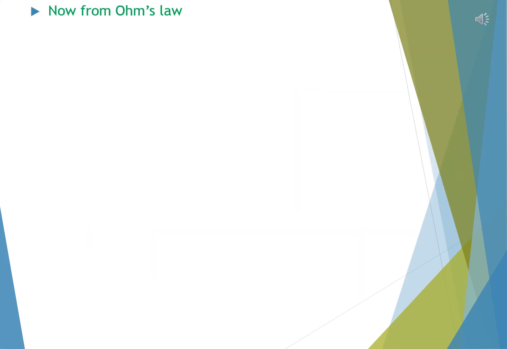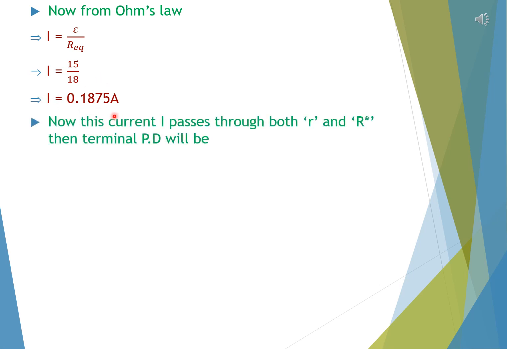Now from Ohm's law, I is equal to E divided by R equivalent. By putting the values of E and R equivalent, we get I is equal to 15 divided by 80, and that is equal to 0.1875 ampere. Now this current I passes through both resistances small r and R star.